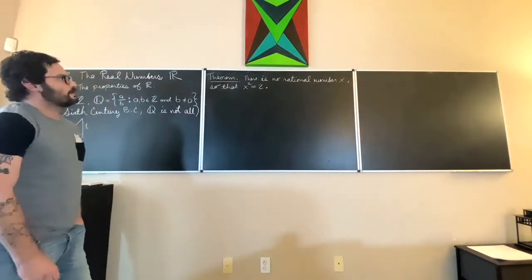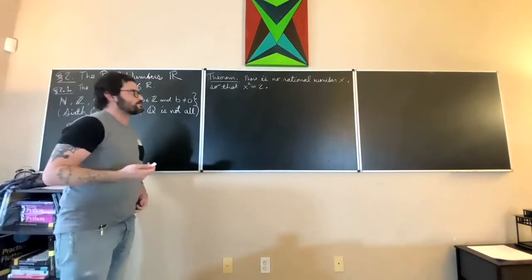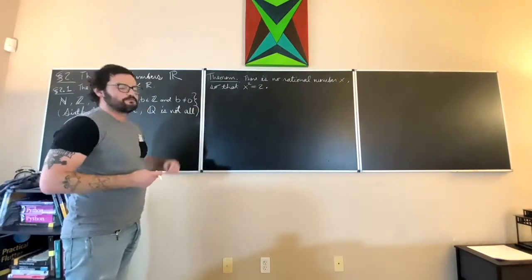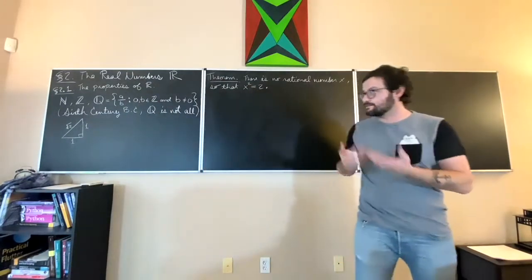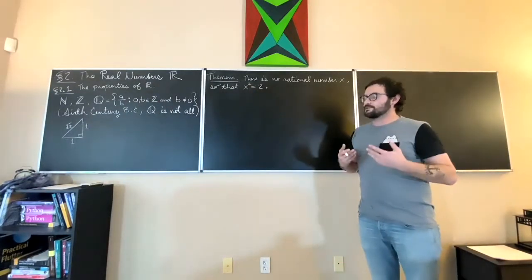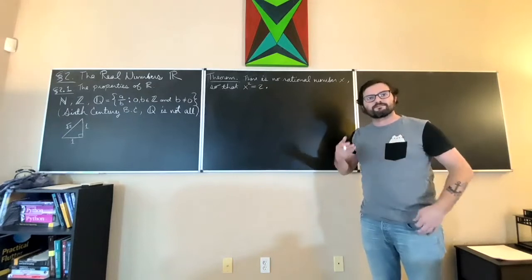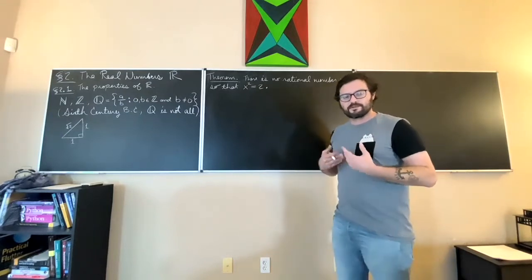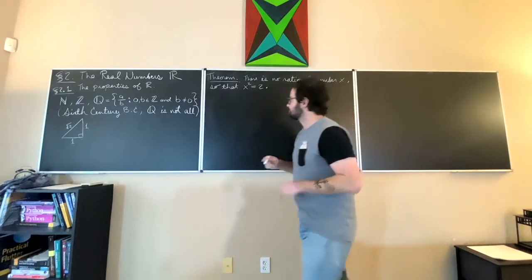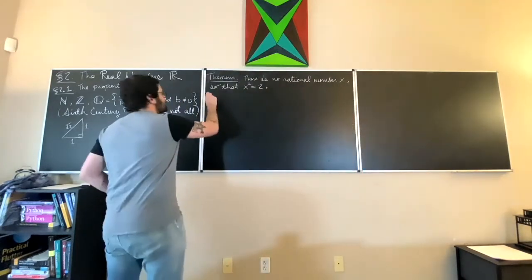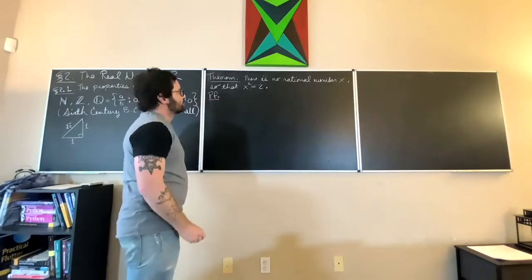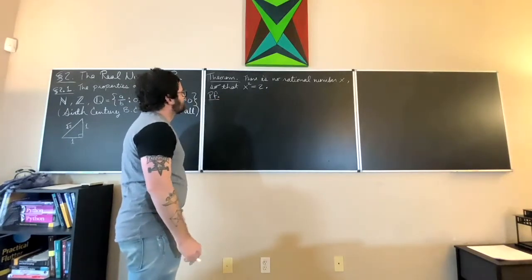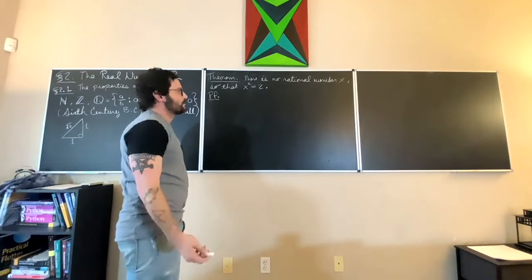Okay. And we're going to walk through the proof of this. Once we prove this, then we have justification for numbers outside of the rationals, which we're going to call real numbers. And then once we have justification of existence, then we're going to derive various fundamental properties of the real numbers. So first, this proof. This is a pretty famous proof, and it's going to be a proof by contradiction.